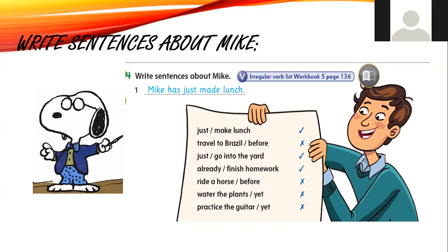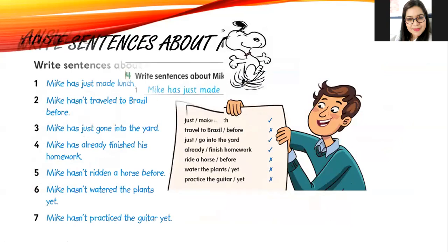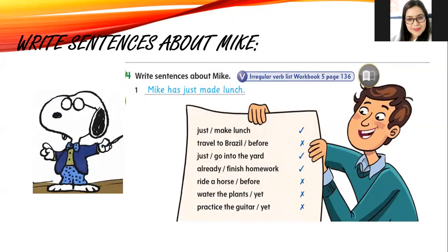Teacher, what do we have to do there? We are going to write sentences, but first we are going to discuss the answers and then we write the sentences. Don't worry, I will show you the answers, okay? But first, let's discuss the answers here. So Mike, this one, negative, Mike hasn't ridden a horse before, okay?